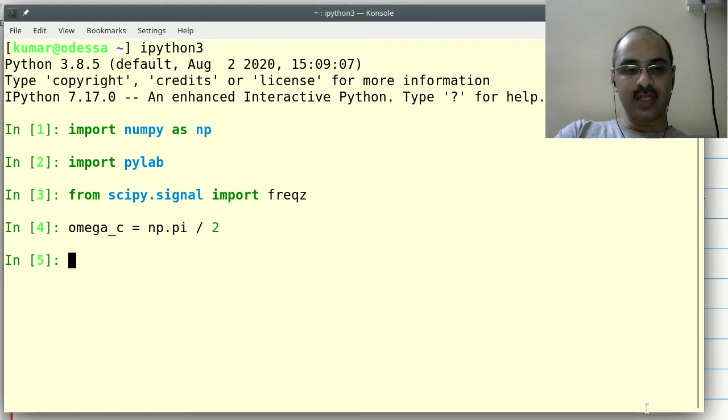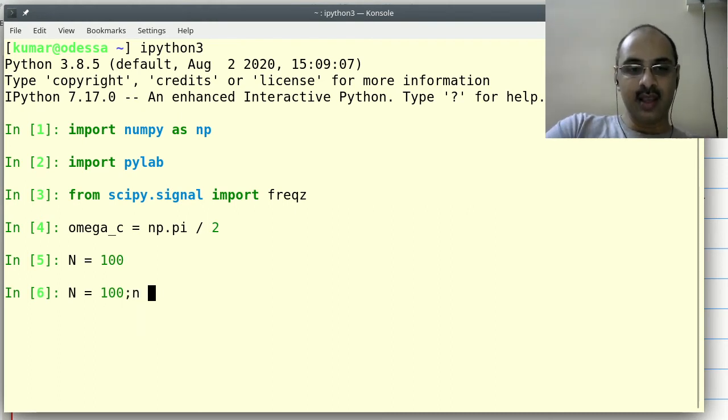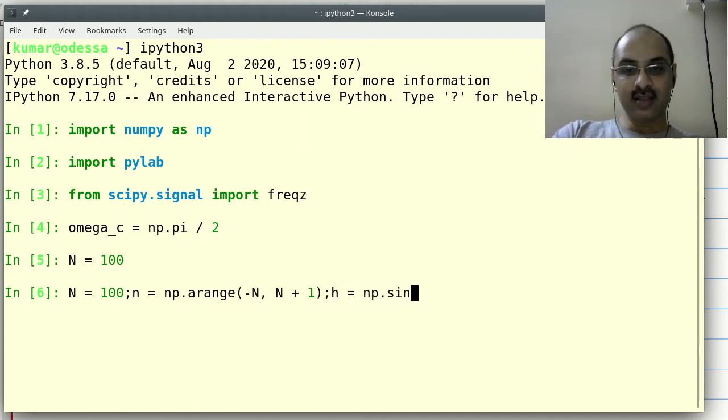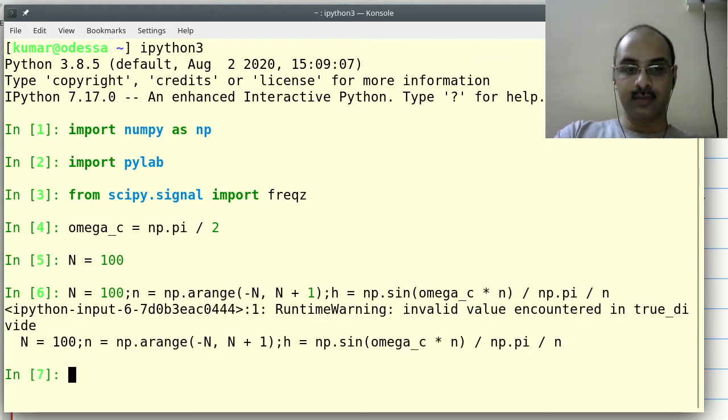So I'm just going to say h is equal to sine omega. Let me first define n. I'll take 201 points. So n is equal to np dot arange of minus 100 to 101, to include the last point. h is sine of omega c into n by pi n.